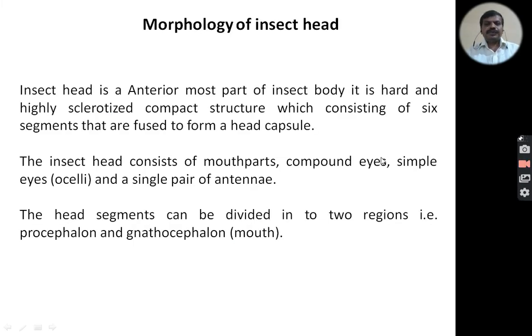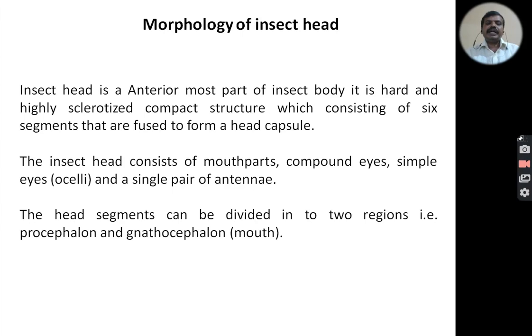As all of you know, the insect head is always anterior in most insect bodies. It is a hard and highly sclerotized structure. Sclerotized means a hard exoskeleton, consisting of 6 segments that are fused to form a head capsule.